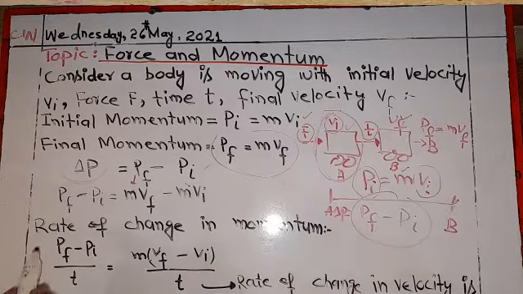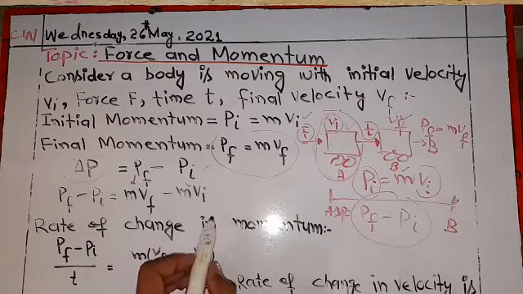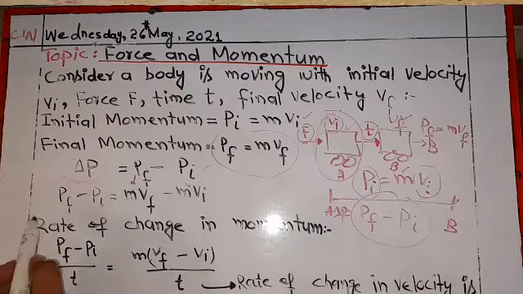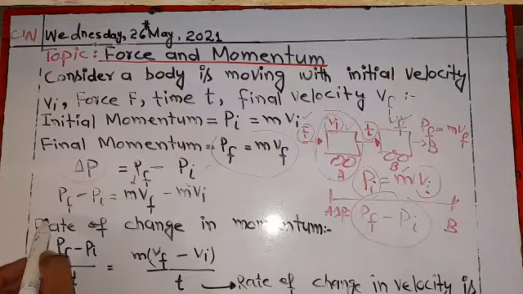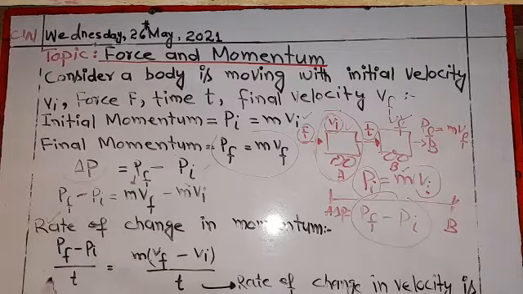If we want to find the rate of change in momentum, then as you know, when we use the word rate, we divide by time. So by dividing by time on both sides, you can see m into Vf minus Vi over t.